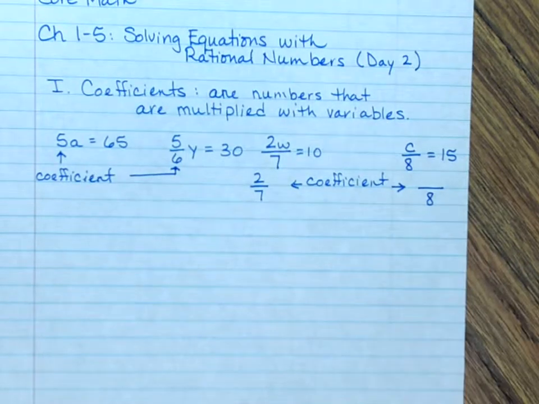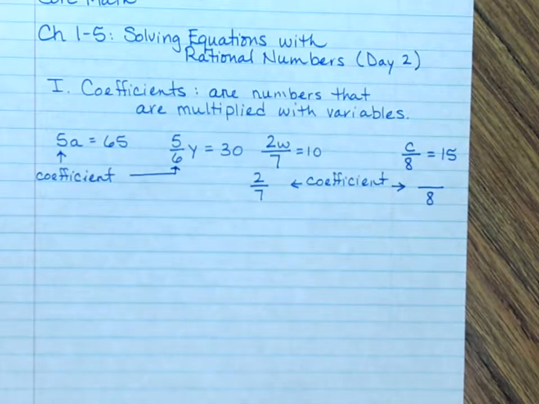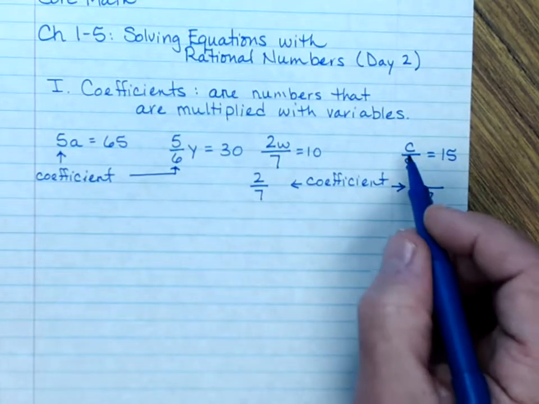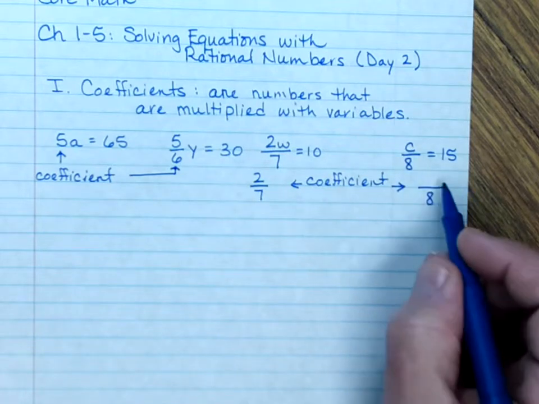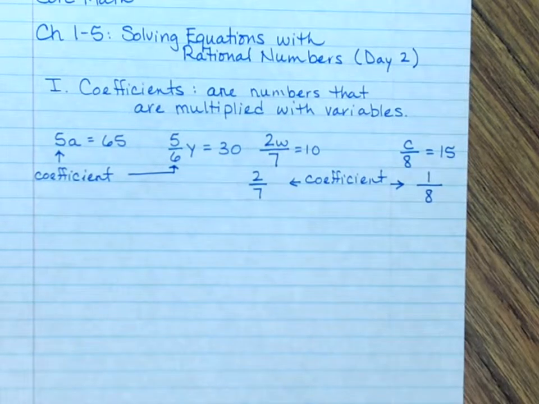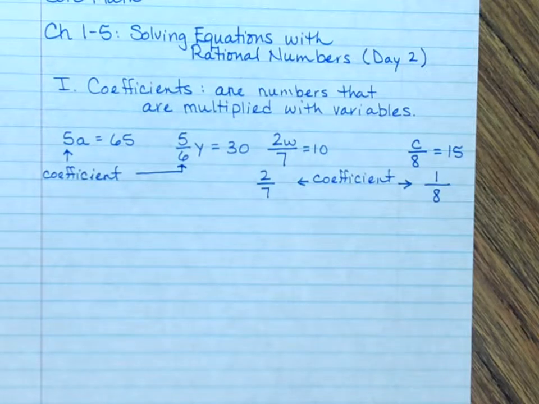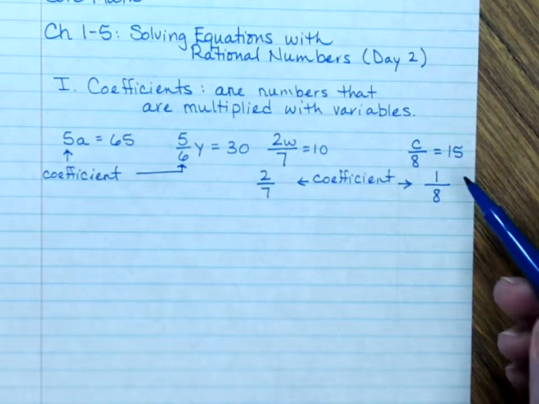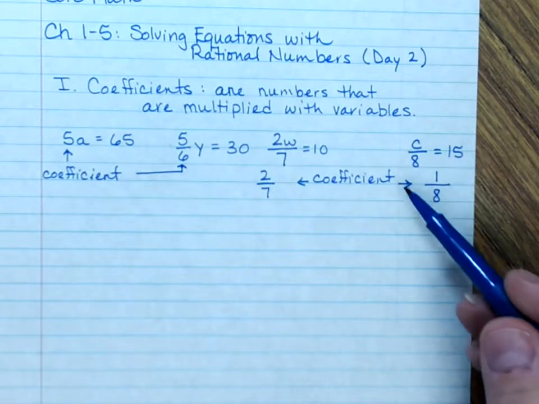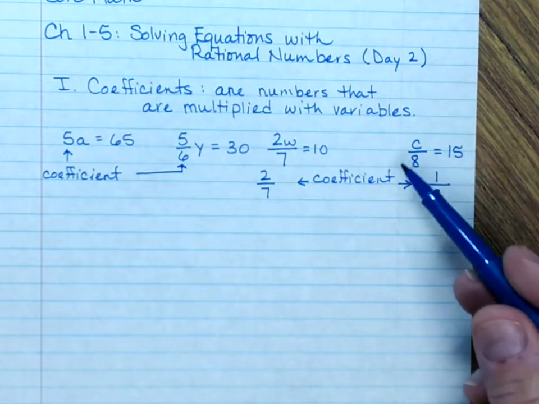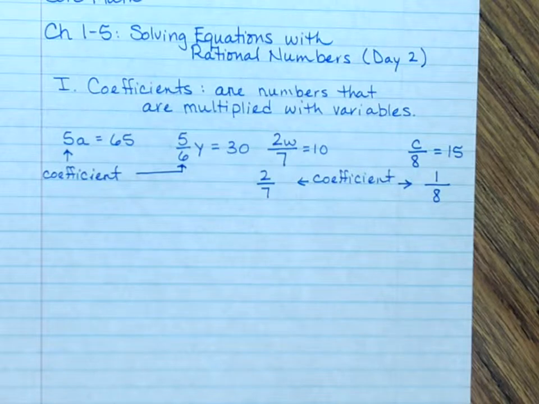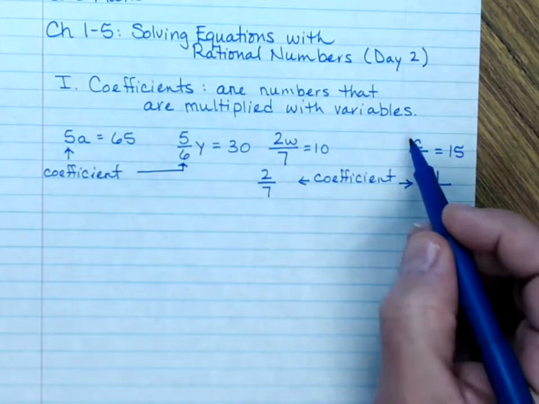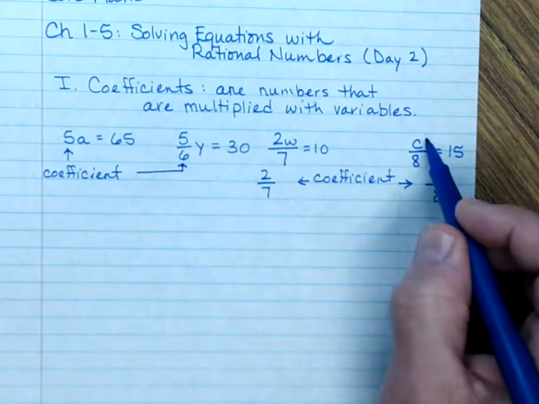If you don't see the numerator, well, that only means it could be one number. That's 1c over 8, or 1 times c over 8. So that coefficient's 1 over 8. This last one is probably the most common in terms of difficulty, because we don't show the coefficient of 1. Don't forget, we never show the coefficient of 1, and we never show the exponent of 1.